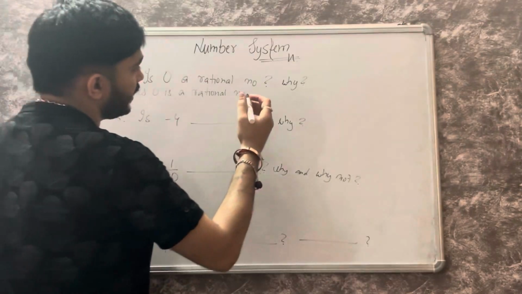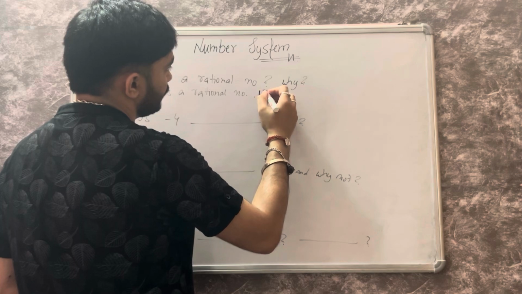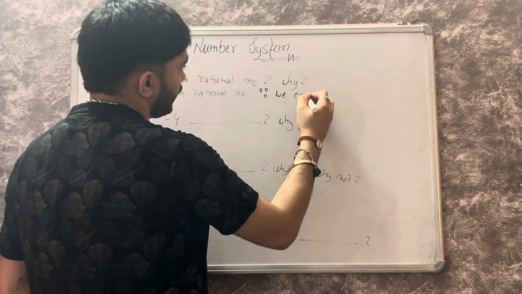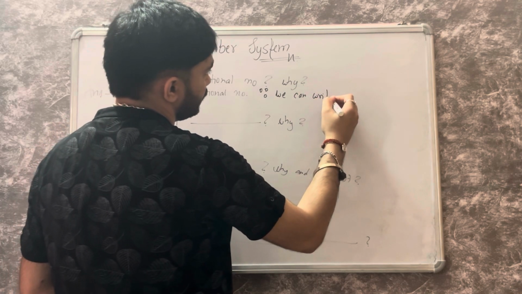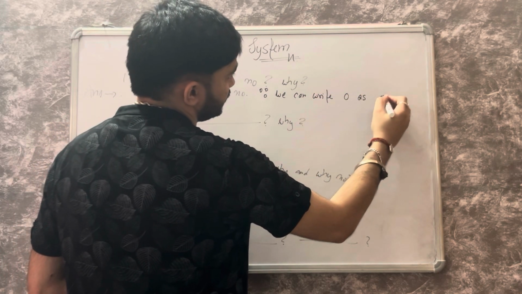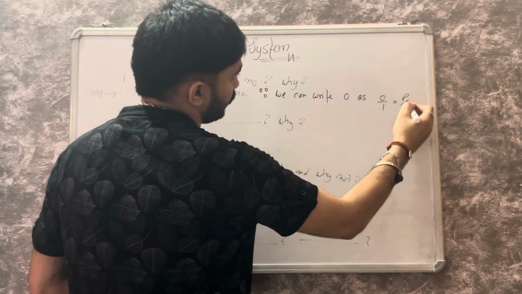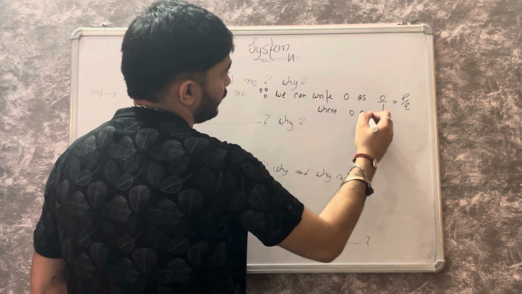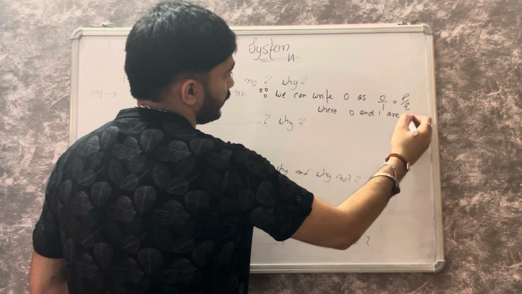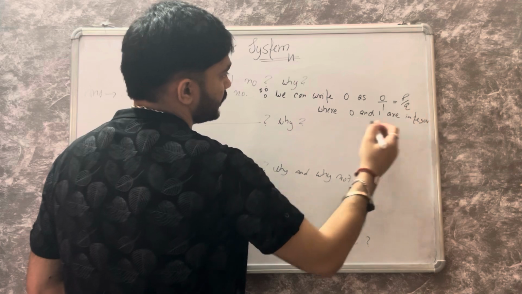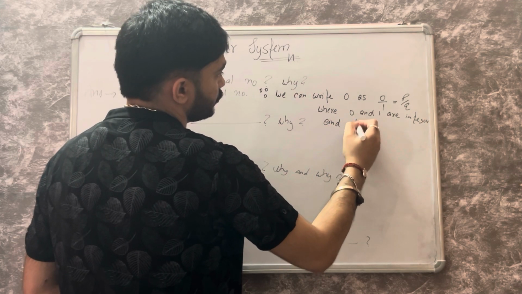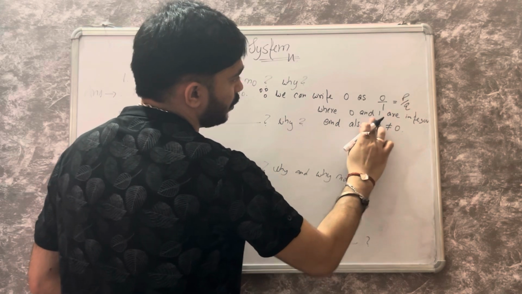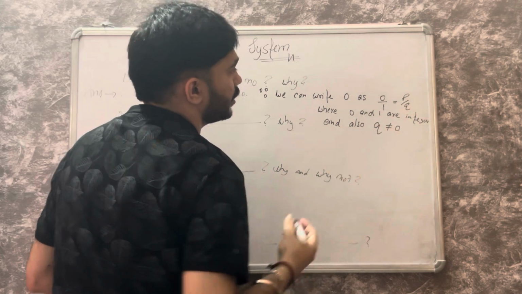So the reason is we can write 0 as 0 upon 1, equal to P upon Q, where 0 and 1 are integers, and also the denominator is not equal to 0, or you can say Q is not equal to 0.